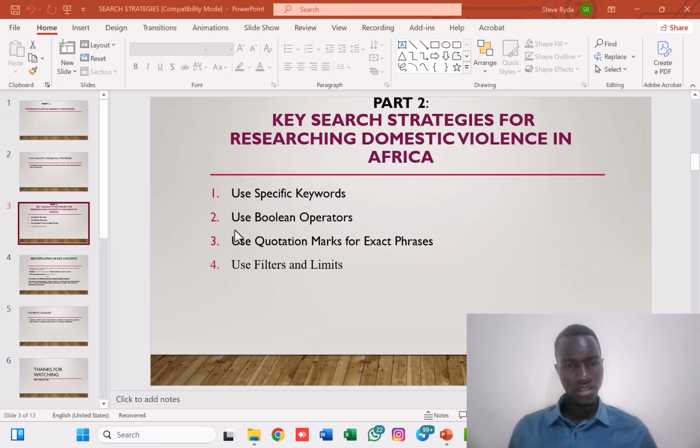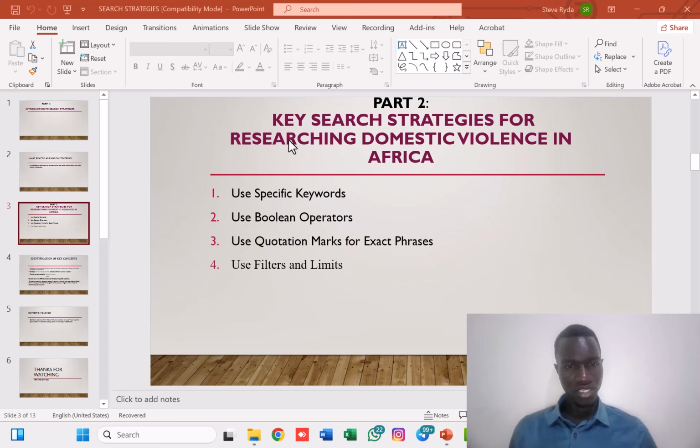So we have keywords that we use in search strategies, which are specific keywords. We have to use Boolean operators. We have to use quotation marks for exact phrases, or filters and limits. We are giving an example of domestic violence in Africa as we conduct our research.